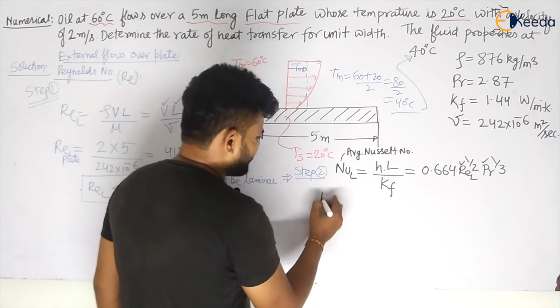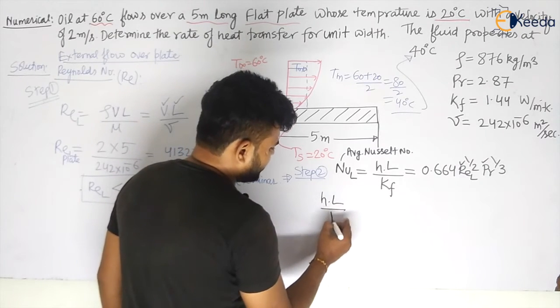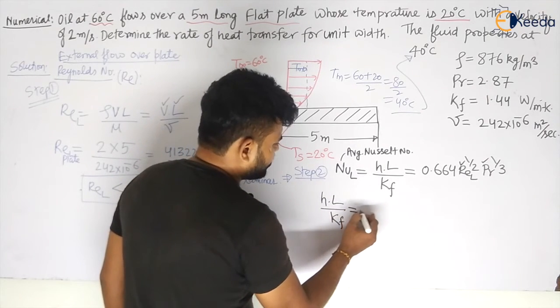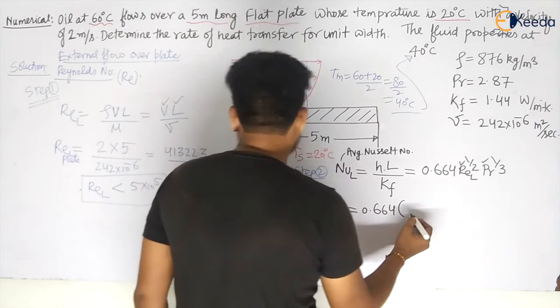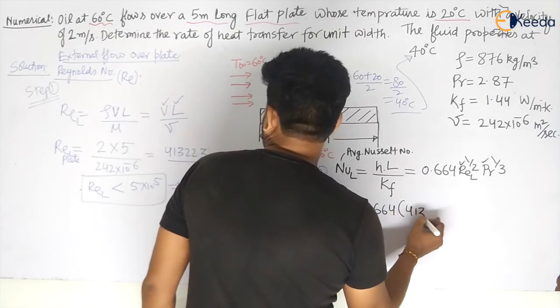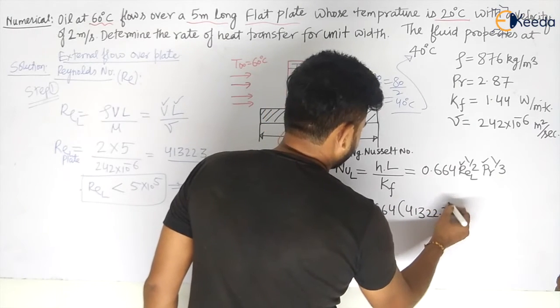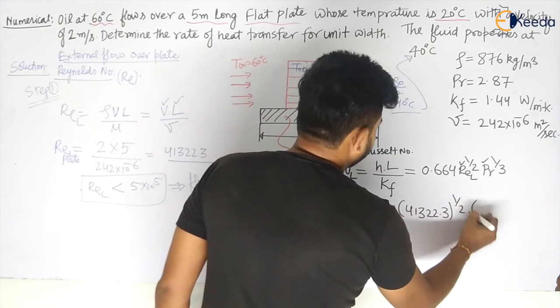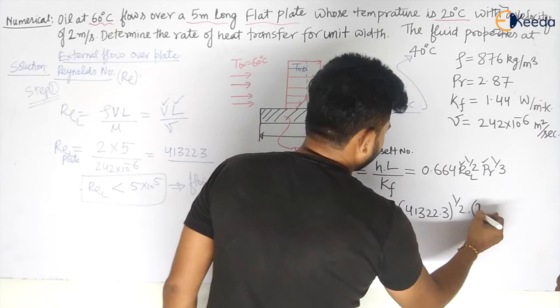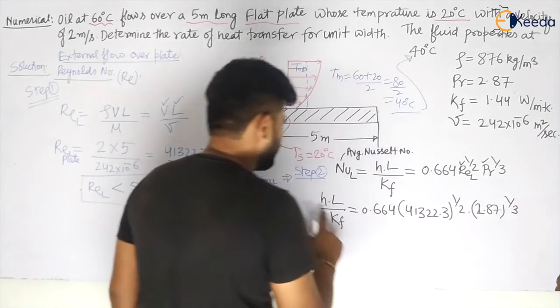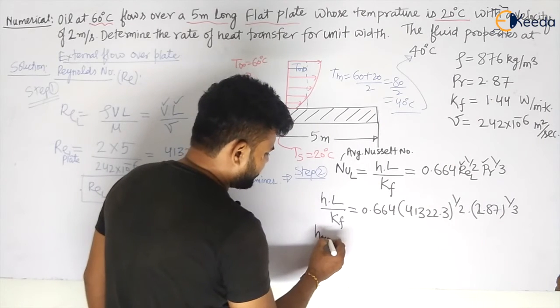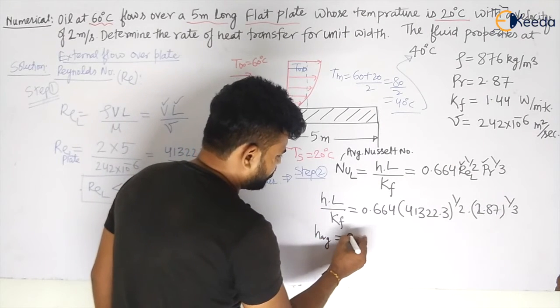Yes. So hL by Kf will be equal to 0.664 into Re, which is 41322.3, to the power 1 by 2, into Pr, which is given as 2.87, to the power 1 by 3. And from here you can calculate the h average, my dear students.